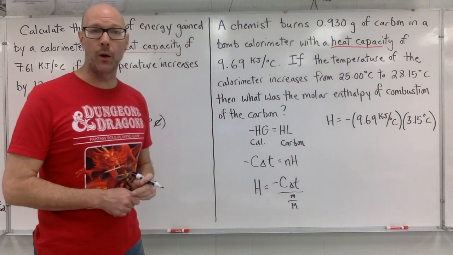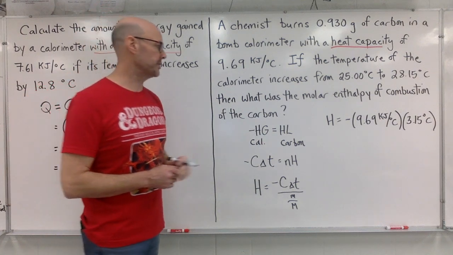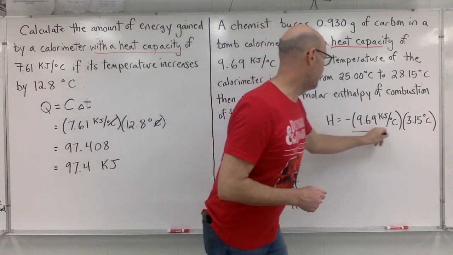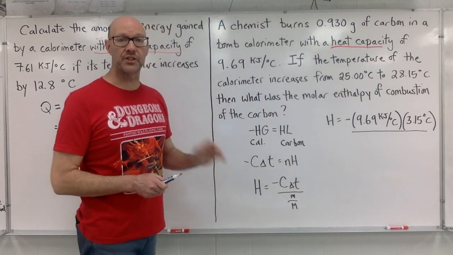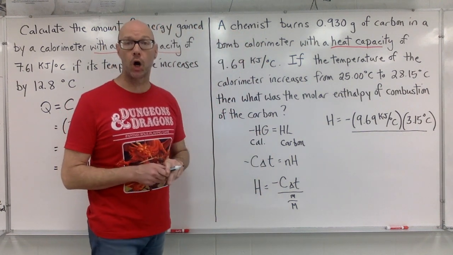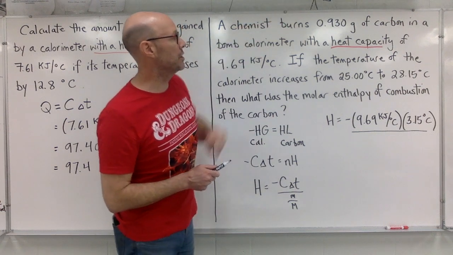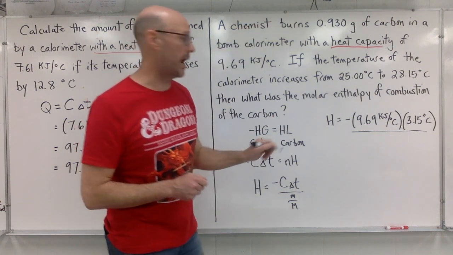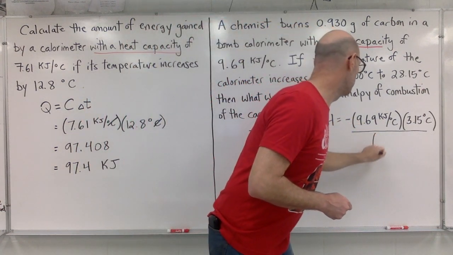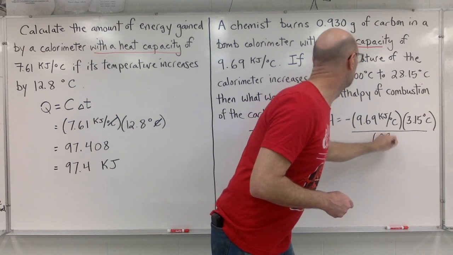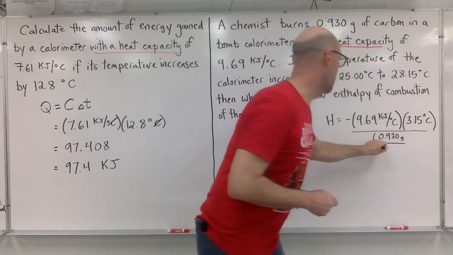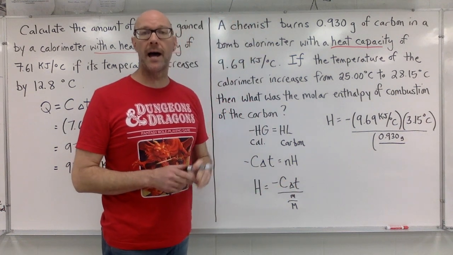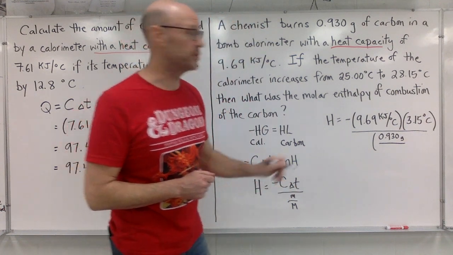That's 3.15 degrees Celsius. We're dividing by mass over molar mass. That's the moles of the carbon. The mass is here in the question, 0.930 grams, over the molar mass of carbon, that's 12.01.